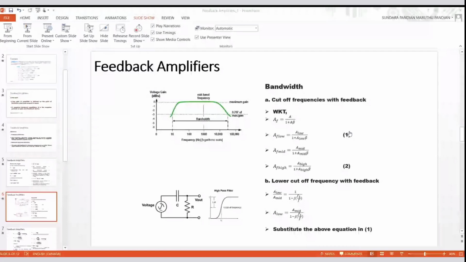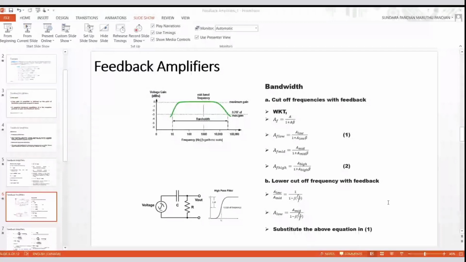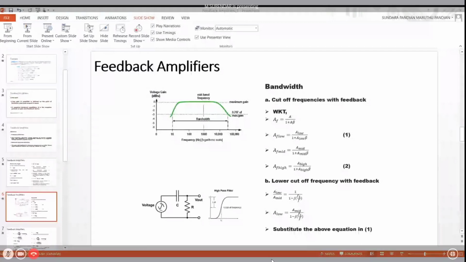Darshini, Pragati. Someone? What is that plot? Yes, very good. RC coupled amplifier. Very good. I got a response.